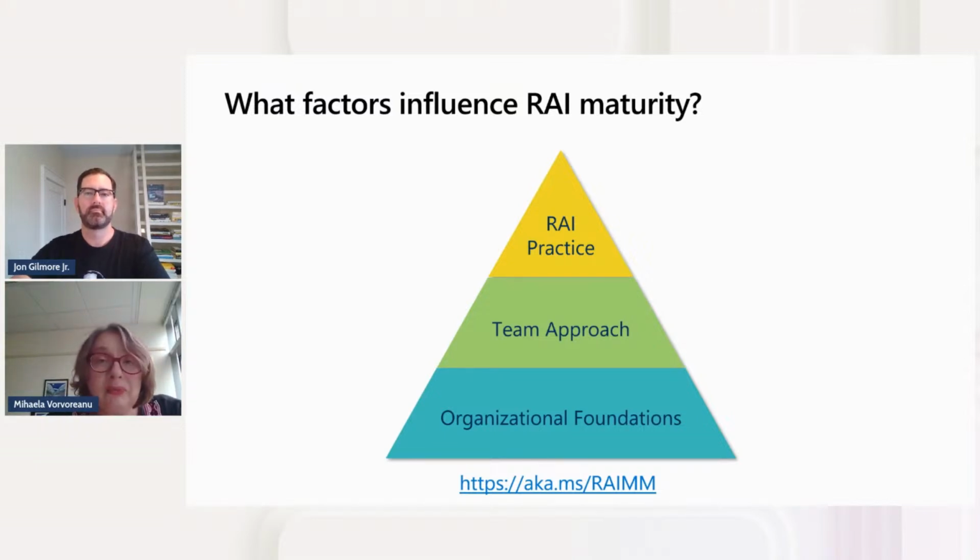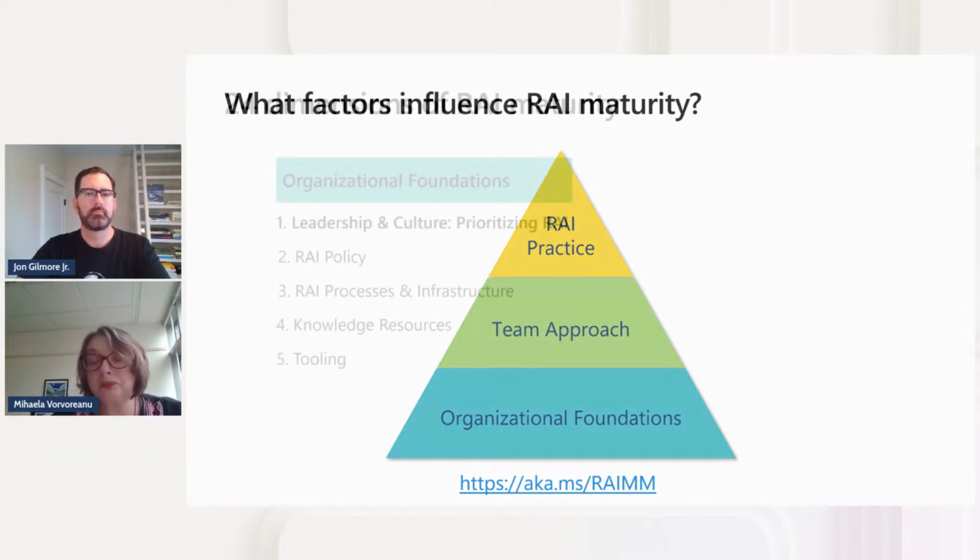To be able to practice responsible AI in a mature way, you have to have your organizational foundations in place. And then you have to have a certain way of working collaboratively. And so I'll provide you a brief overview of the dimensions that are in each one of these three main categories. And we'll start with organizational foundations.